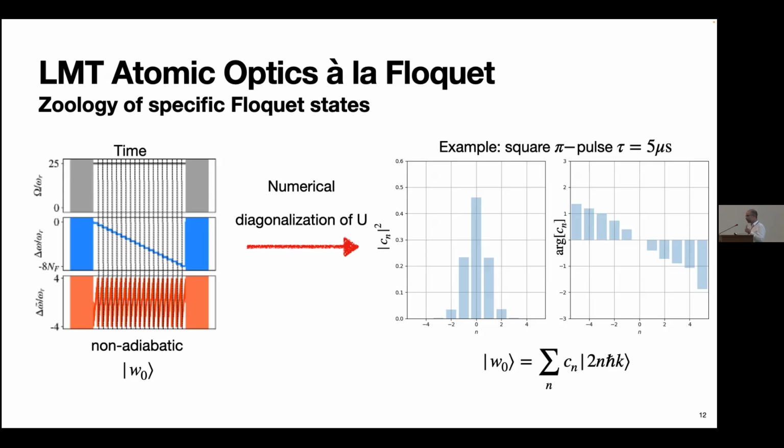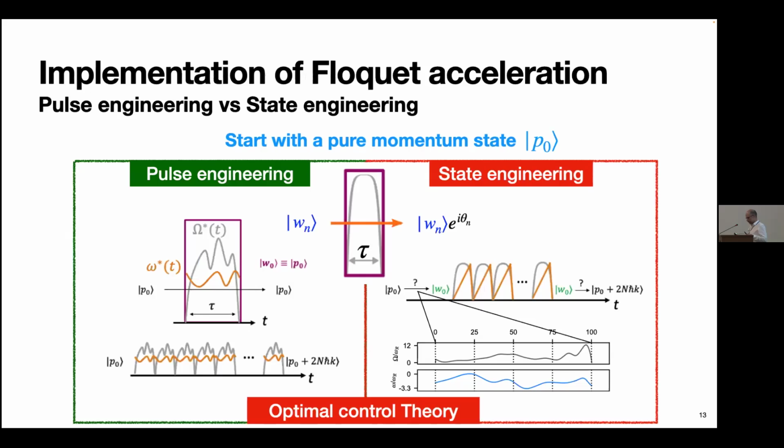So now we have a definition of this Floquet state. The question that you could ask is, how can you prepare that state? Indeed, we start our experiment with a BEC, which is very close to a pure momentum state.